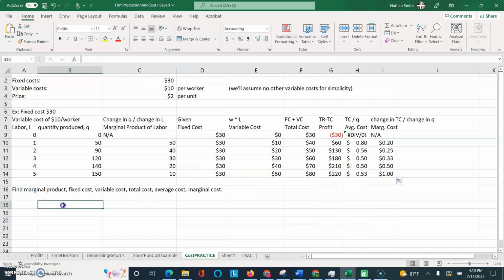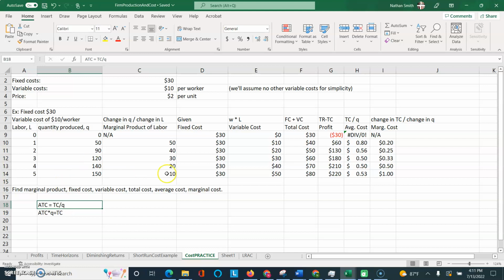Just one other trick of the trade. In some homework problems that you might come across, it's good to be able to algebraically rearrange these. As an example, we know average total is total cost divided by quantity. I might be given average total cost and quantity, and I want to figure out the total cost. Now, that row and the row above are exactly the same. That's just simply an algebraic change around.